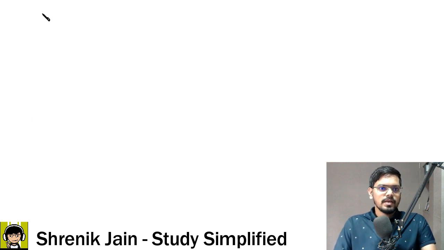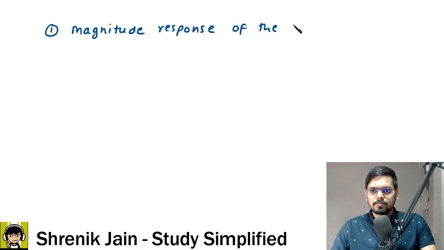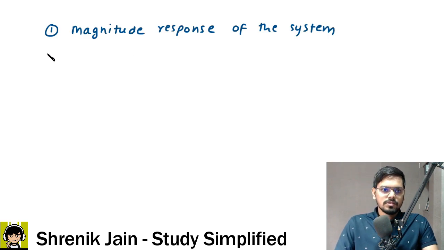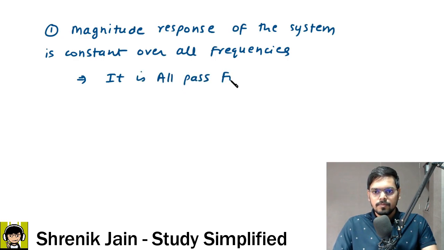Check it out. The first point is they are giving us that the magnitude response of the system is constant over all frequencies, which means it is an all pass filter, in short also known as APF.